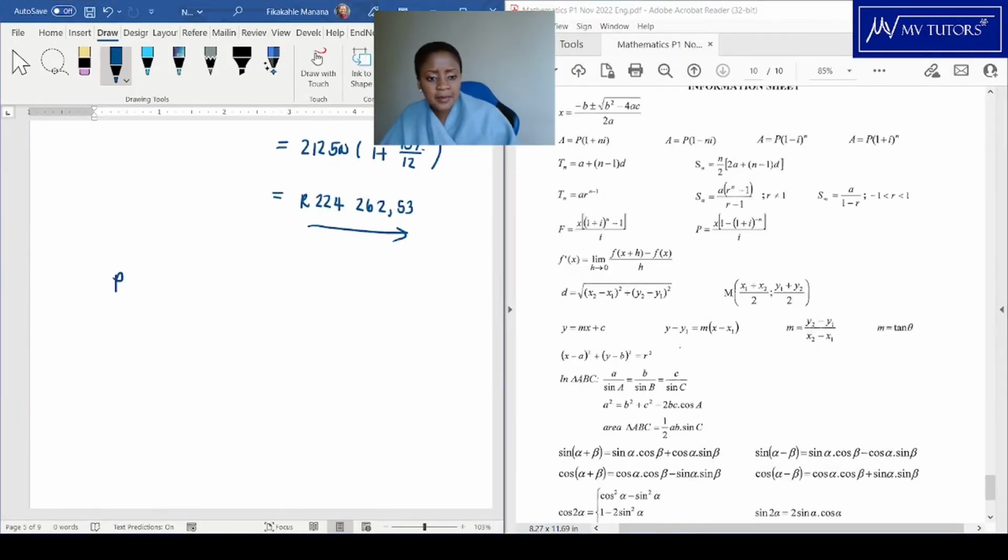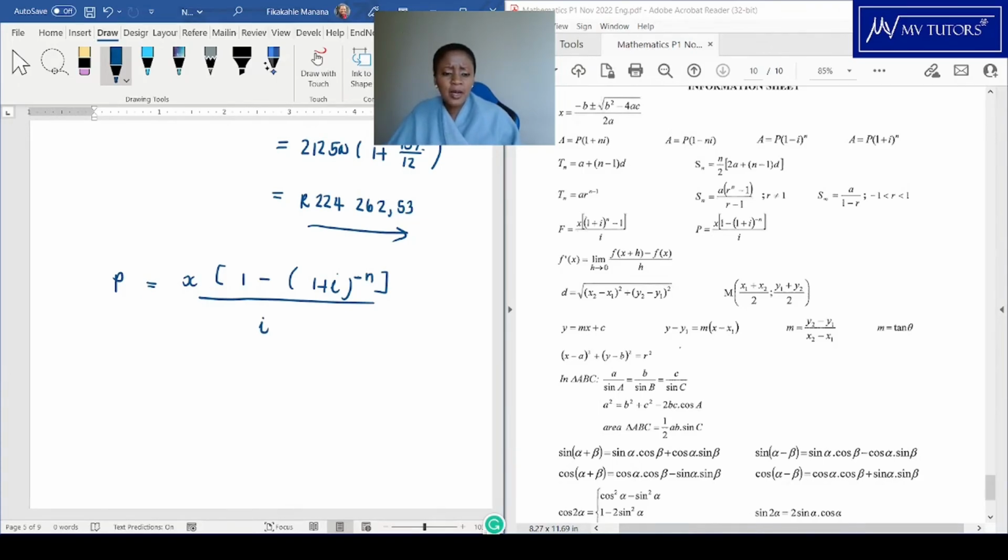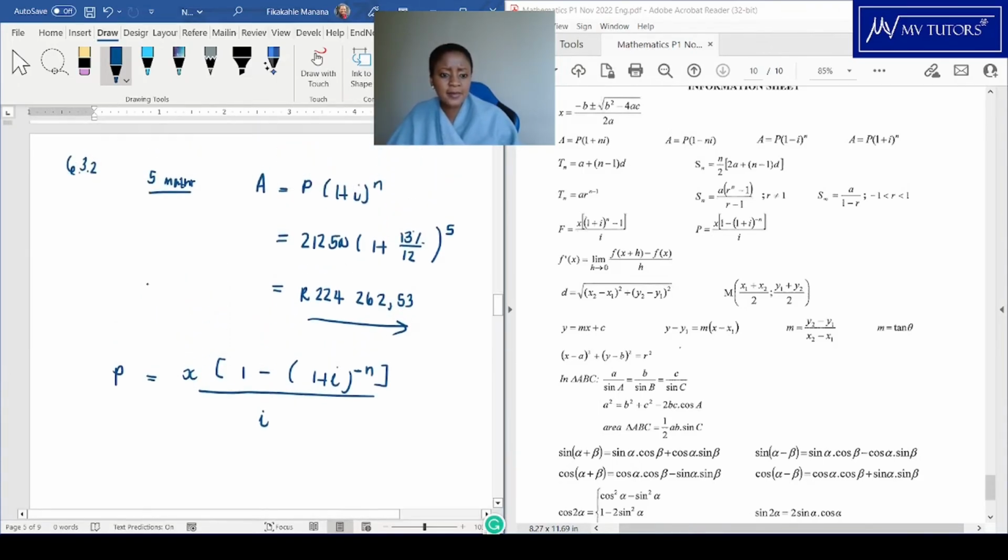So we have P is equal to X, 1 minus 1 plus i to the power negative n, over i. Okay, let's talk. We're looking for X, right? This is what we're looking for.